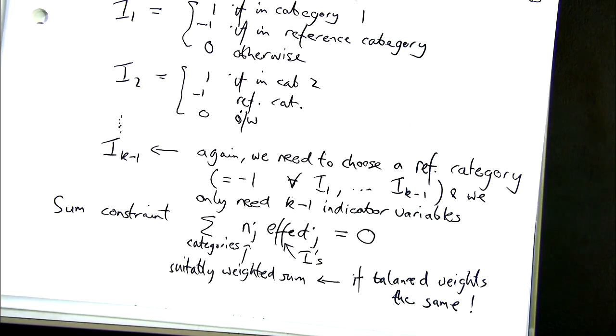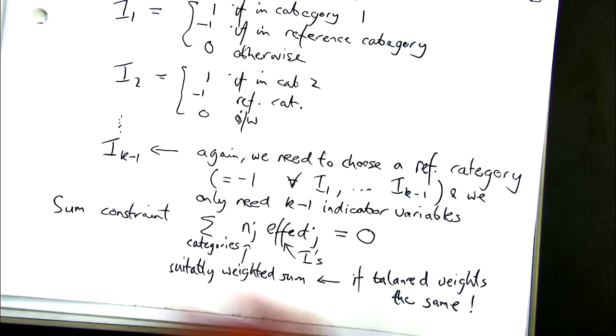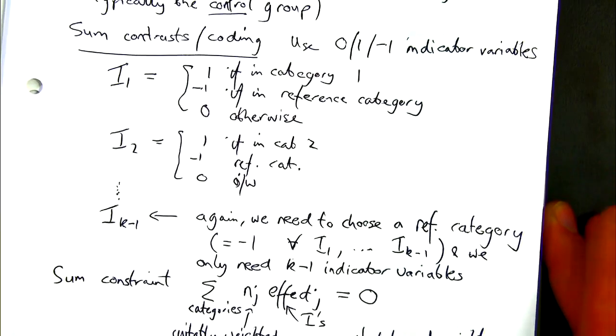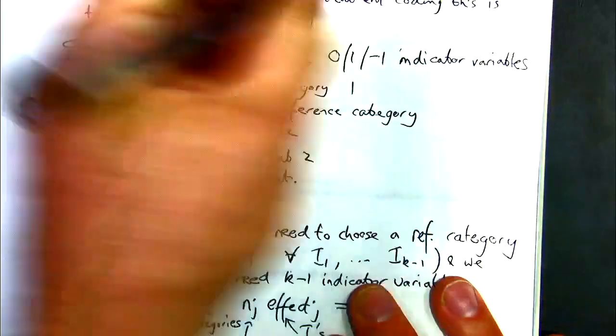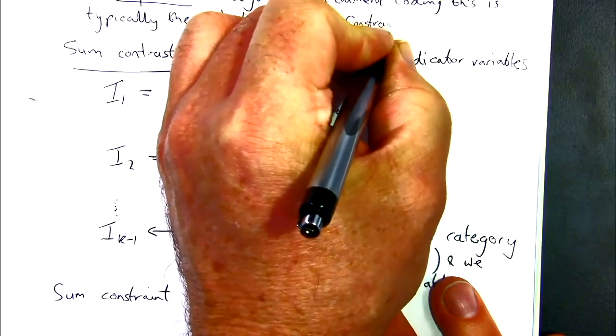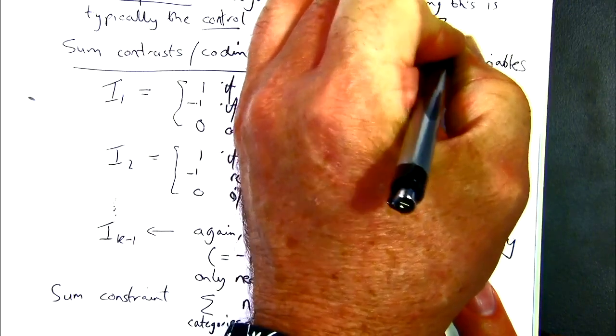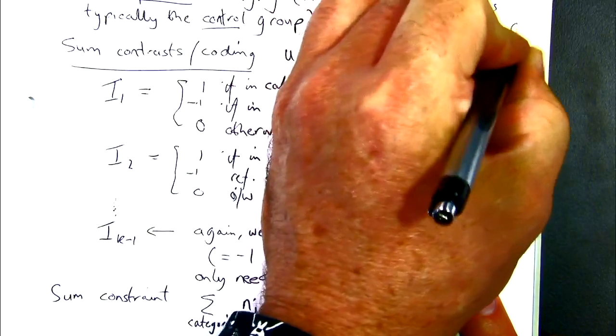What do you think the constraint is in the first situation, in the treatment coding one? There's an implicit constraint there. So the constraint up here is that the dummy variable for the reference category is equal to 0.